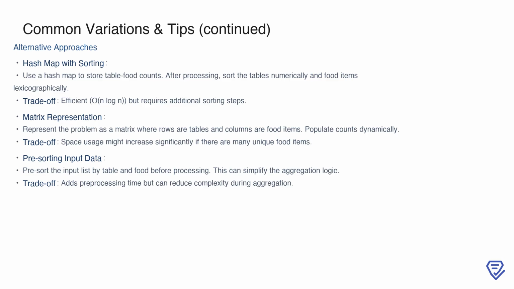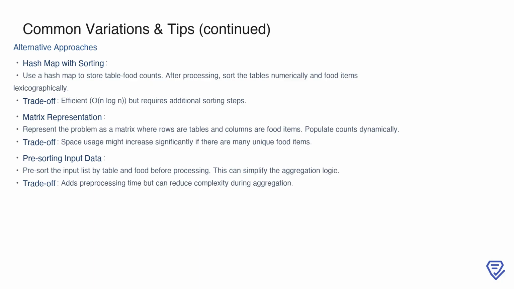There are also alternative approaches worth considering. Using a hash map to store table food counts is a common method. After processing, you can sort the tables numerically and the food items lexicographically. This approach is efficient, with a typical time complexity of O(N log N), though it does involve additional sorting steps. Another option is to represent the data as a matrix, where rows correspond to tables, and columns represent food items, with counts populated dynamically.